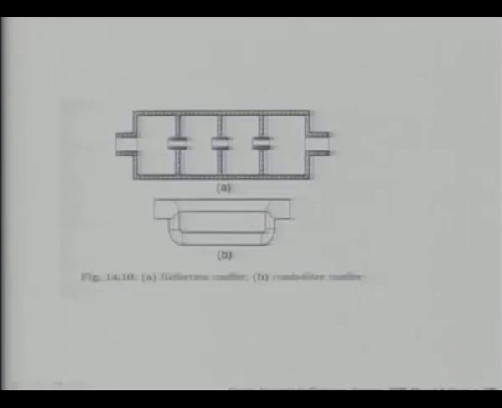So in this figure, which I pulled from this Acoustics for Engineers book, you have the upper picture, 14.10A. You have a series of chambers, and each chamber is tuned for a particular frequency. So you can tune it accordingly.